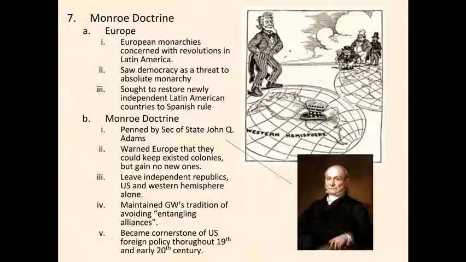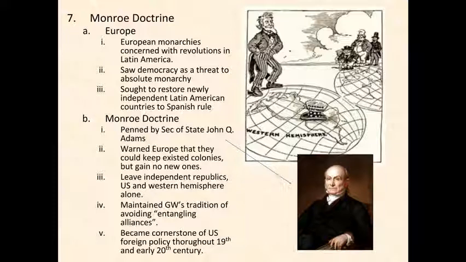So the Monroe Doctrine concerning Europe was that European monarchies, so the kings and queens of Europe, were concerned with revolutions that were occurring in Latin America, particularly within the Spanish monarchy, slave revolutions, wanting to get freedom, revolts that were happening within their plantations and the territory that they owned. They saw democracy as a threat to absolute monarchy.